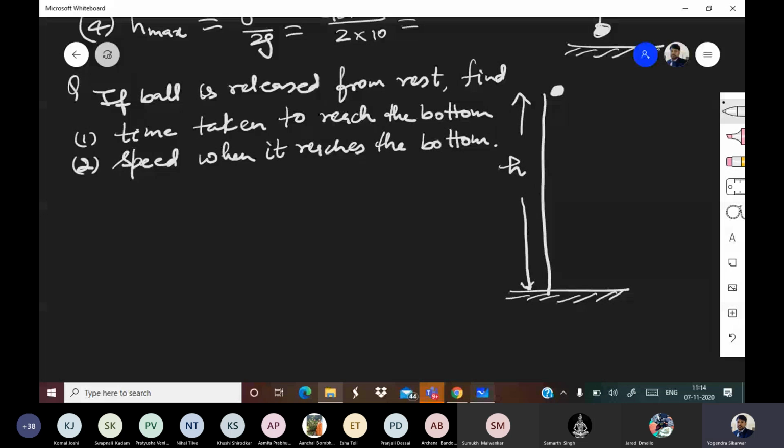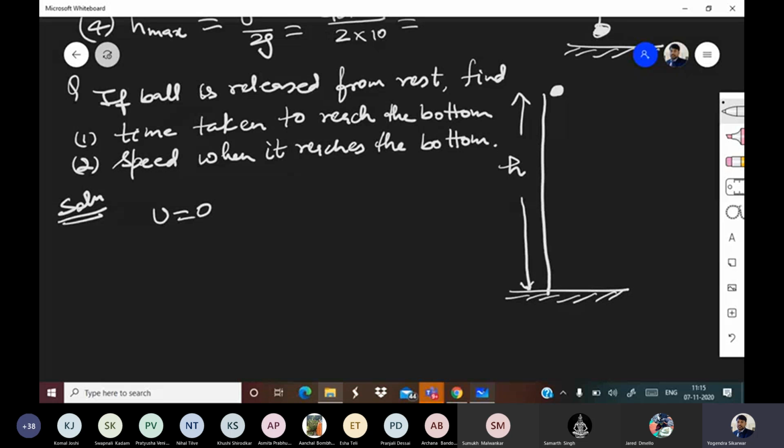Okay, everyone, please pay attention. Enough time given. Initial velocity is equal to 0. Correct. We are considering vertically upward as positive, so downward will be negative.